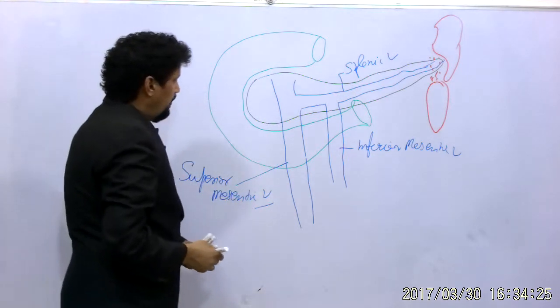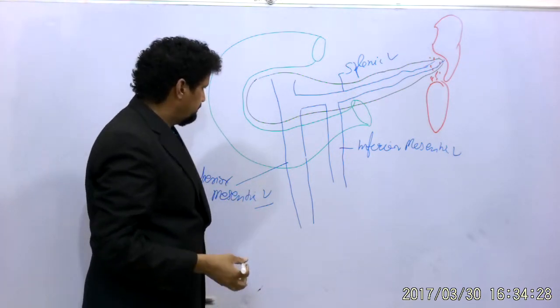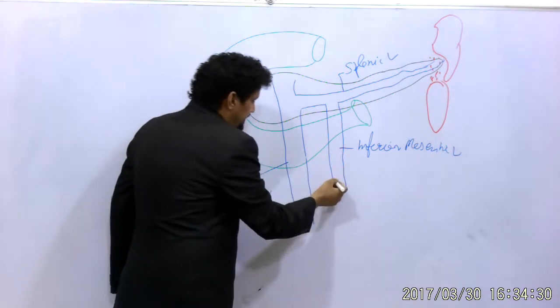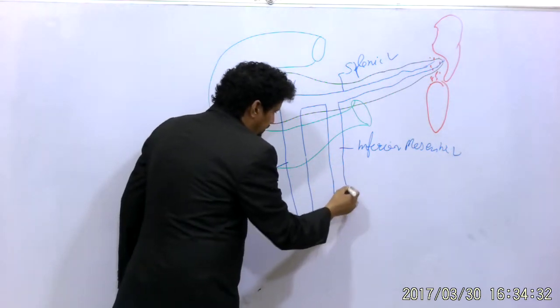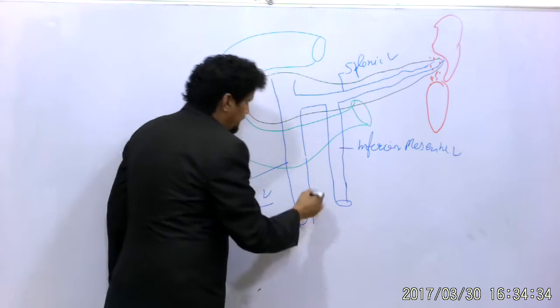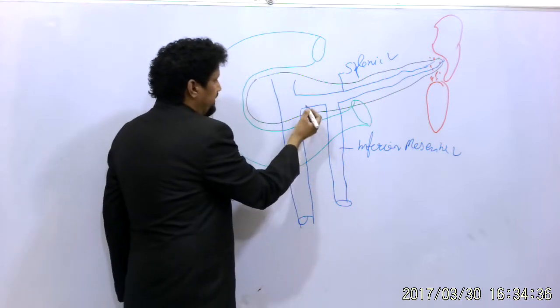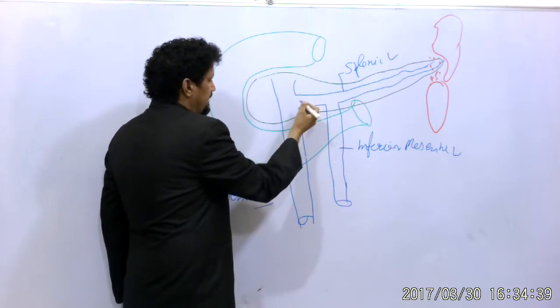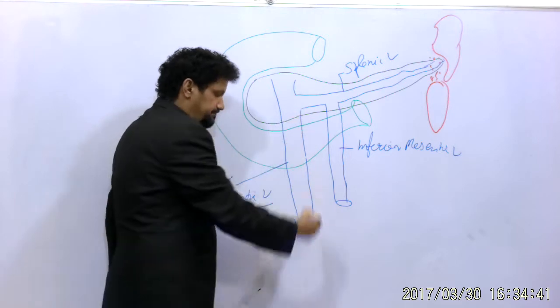In about 1/3 cases, this inferior mesenteric vein is directly draining in the confluence of the splenic vein and the superior mesenteric vein.